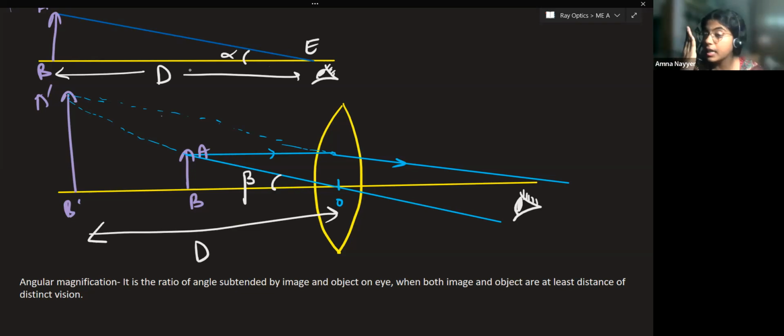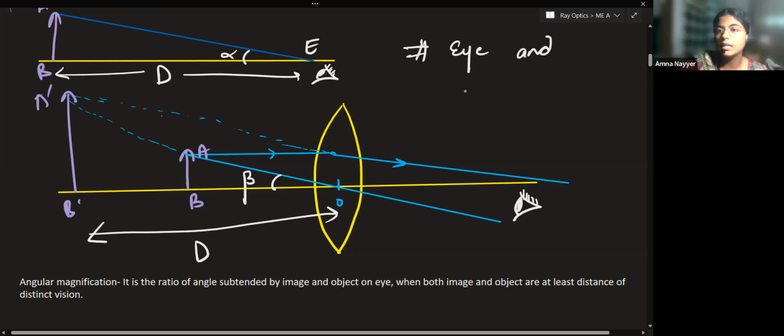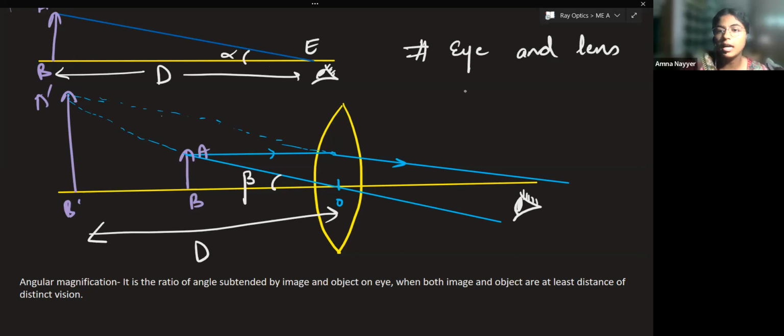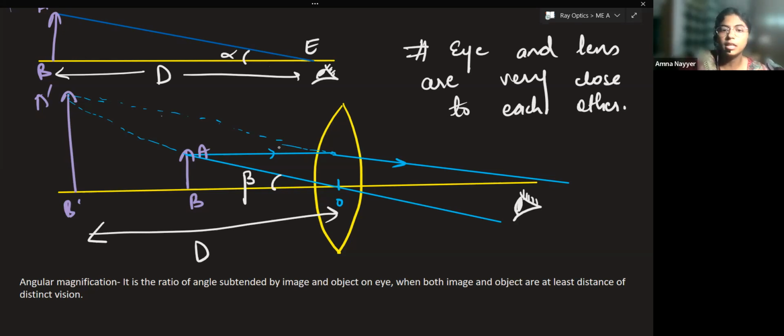And remember, eye and lens are very close to each other. So do not worry about this separation.